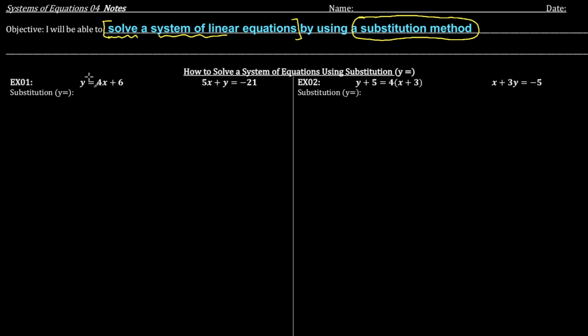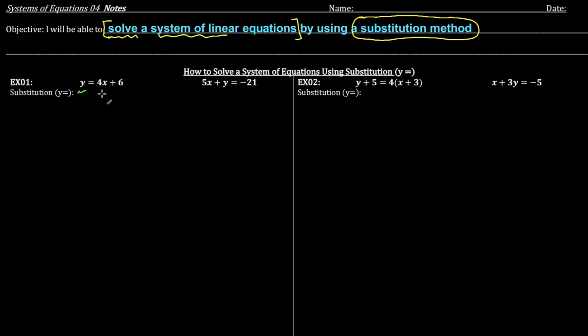I want you to think about it like this. This is y, right? I'm going to make that green. So y is 4x plus 6. So I'm going to write this second equation here. I'm going to write 5x plus y equals negative 21. Actually, I'm going to show you something real quick.